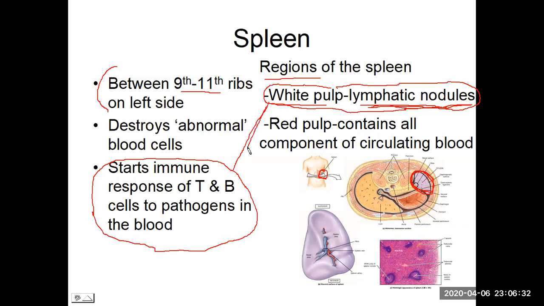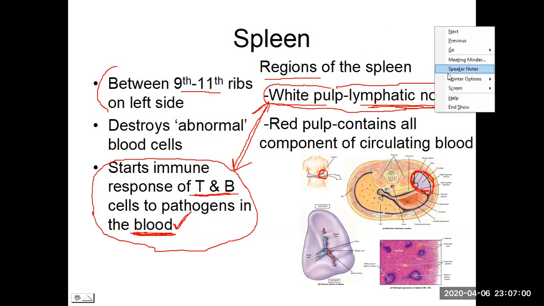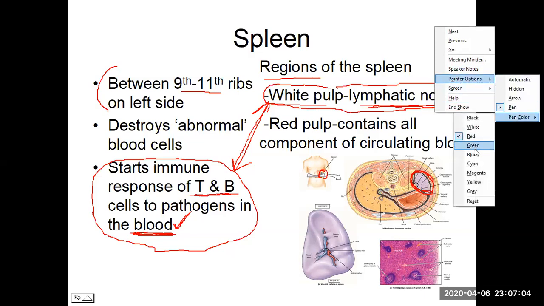One of the areas that contains them is the spleen. So blood that's circulating and interacting with the tissue of the spleen is exposed to these nodules, and hopefully we can fight off infection that's specifically in our blood, in our cardiovascular system. That's the job of the white pulp.